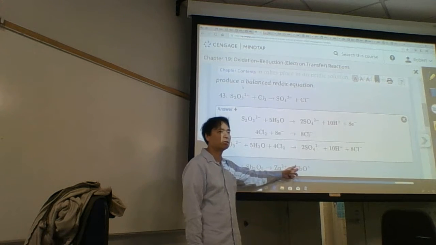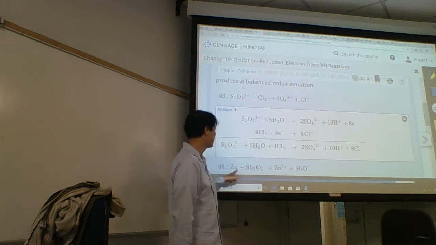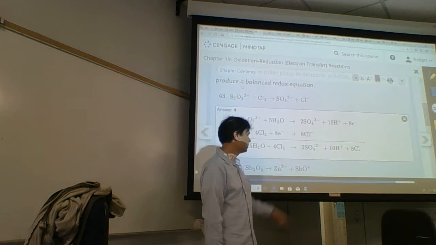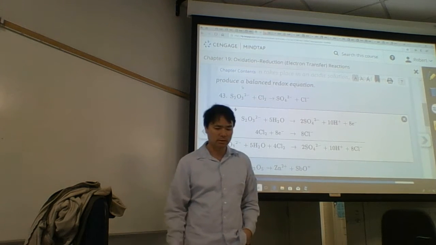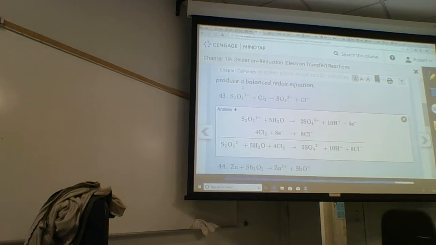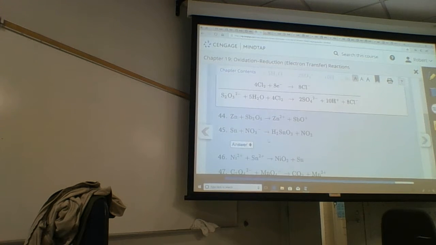Well, somebody must have detected that. Somebody must have tried that and seen what happens, because you don't know what's going to happen. This is a reducing agent. This is an oxidizing agent. So we don't know what we're going to reduce it to. Maybe to antimony metal, or maybe to this, or maybe to that. So somebody figured it out, just like I figured this out here. And so one of the half reactions we can copy from the chart, the other we can't.